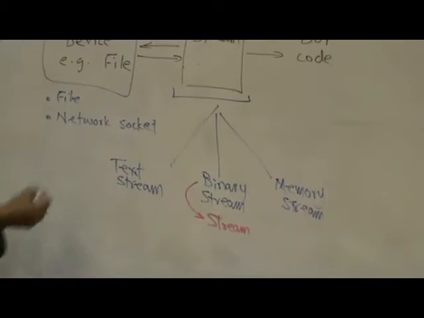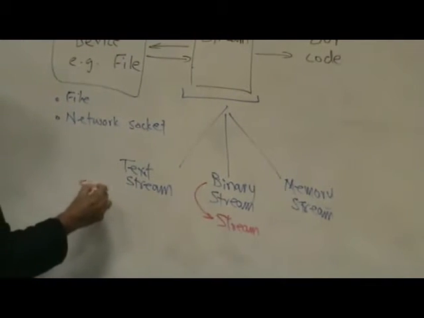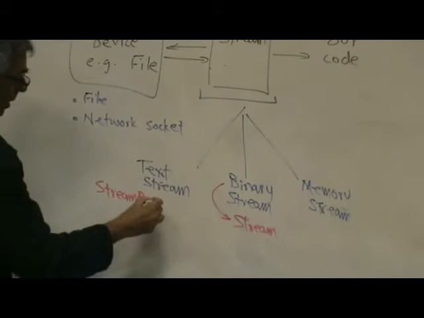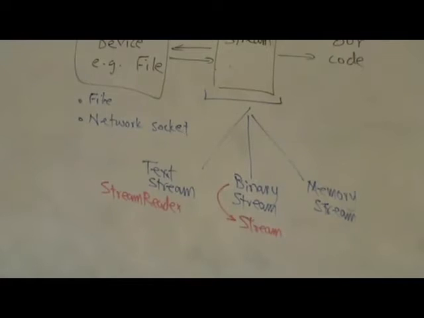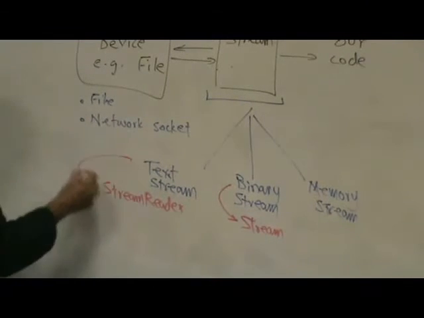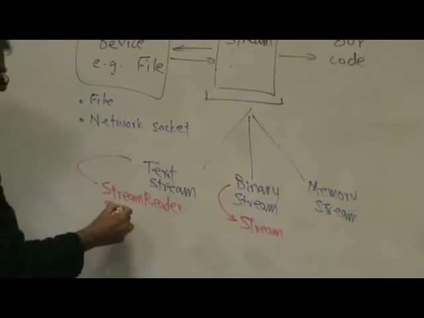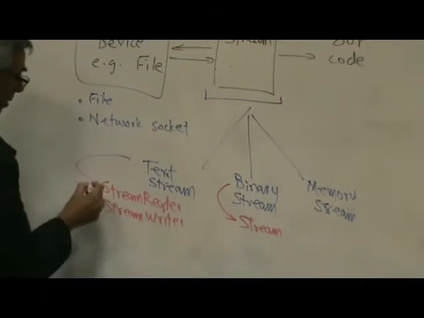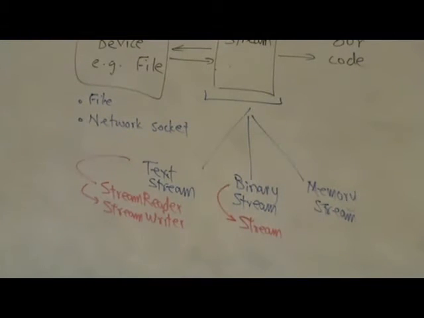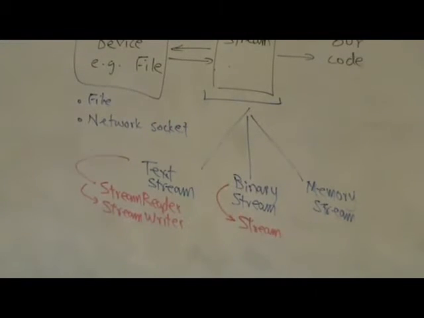If you use a class called StreamReader, this will allow you to read data from a text file, so this is a text type of stream. If you use a class called StreamWriter, it will allow you to write to a file. So for text type of reading and writing, you will use StreamReader and StreamWriter. For binary type of reading and writing, you will use just the Stream object.